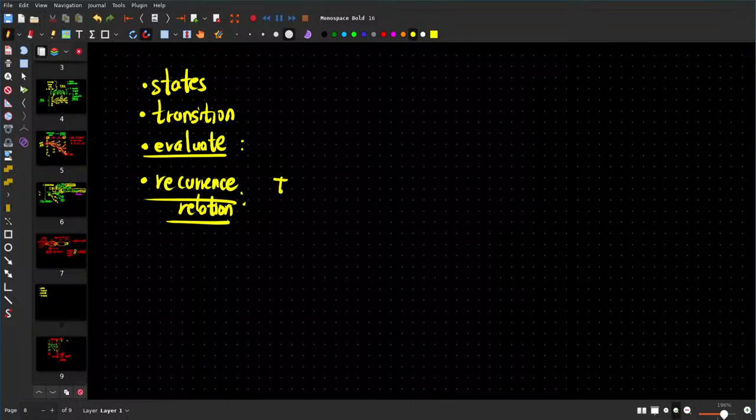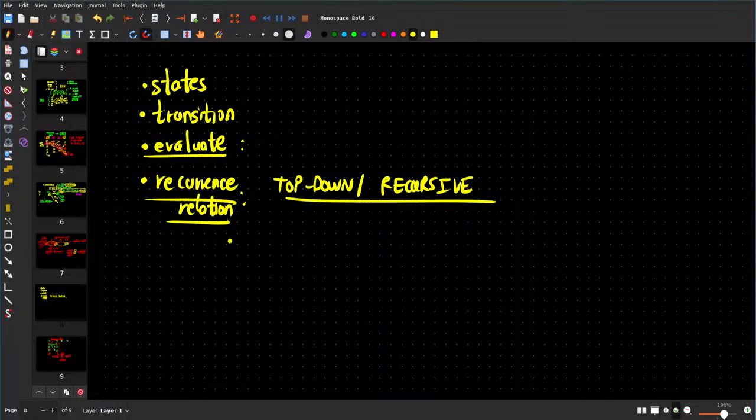For this I will give the top-down or recursive functional definition. So let's say the f function denotes the count that we are actually computing, which is the same as the number of constructions as we saw here.